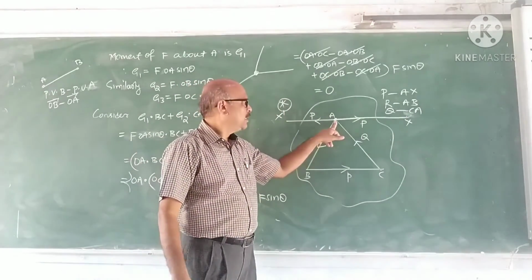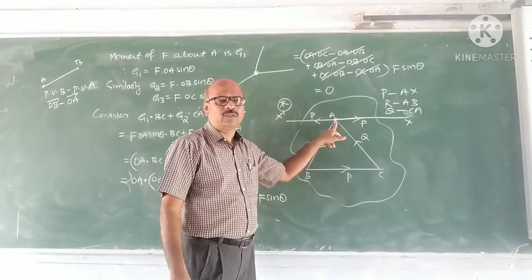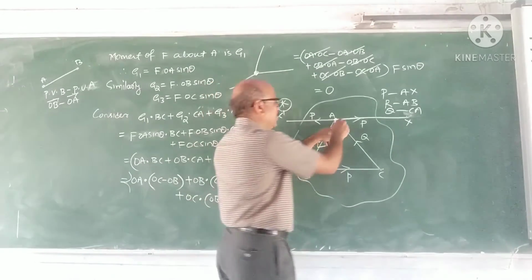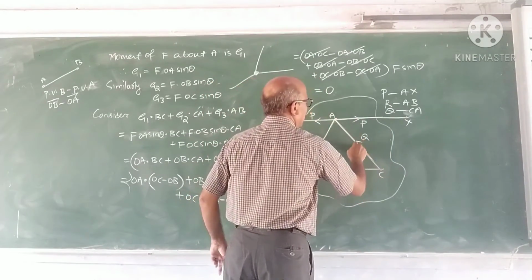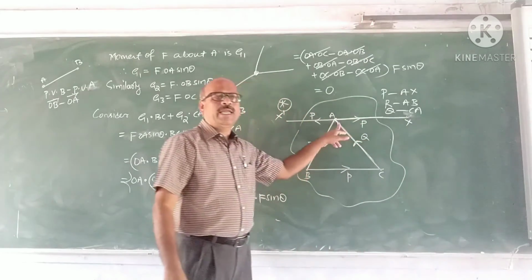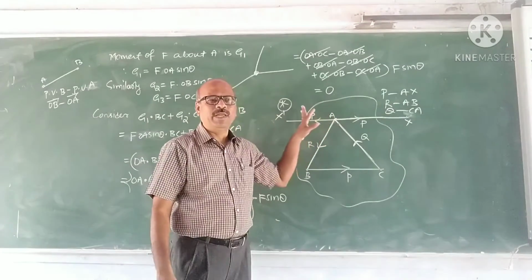They are concurrent. They can be represented by the sides of a triangle taken in order, so they are in equilibrium.